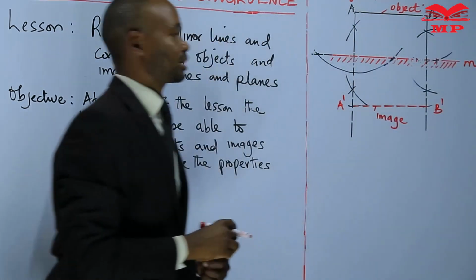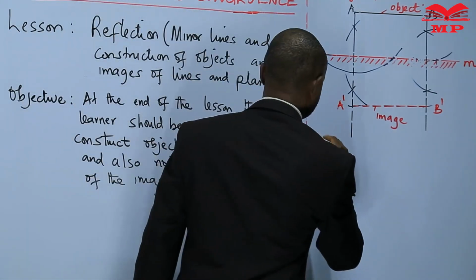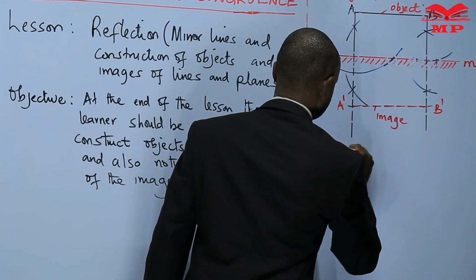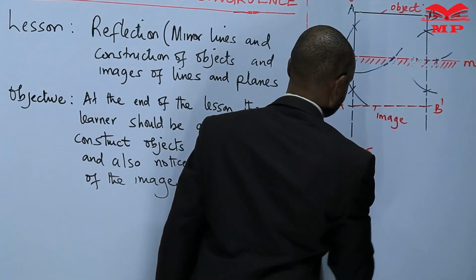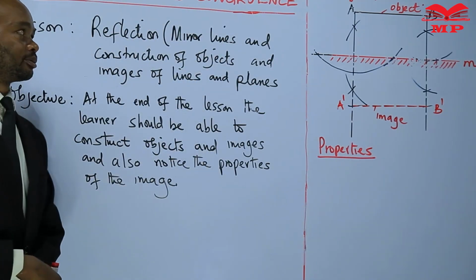So just using that, there are some properties we can deduce. Properties in reflection. What properties do you notice?